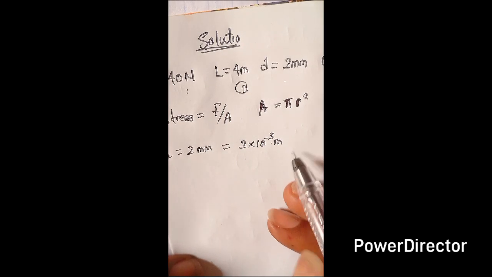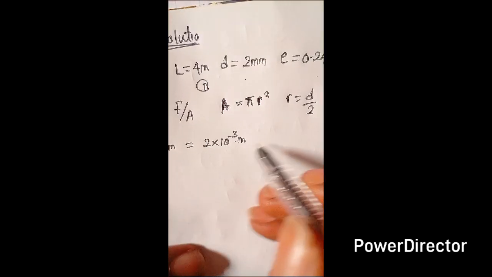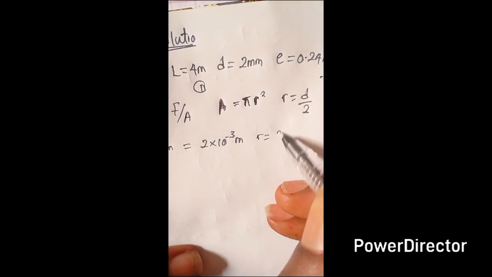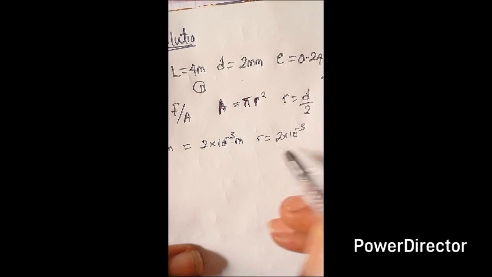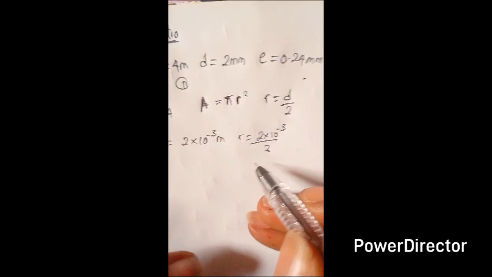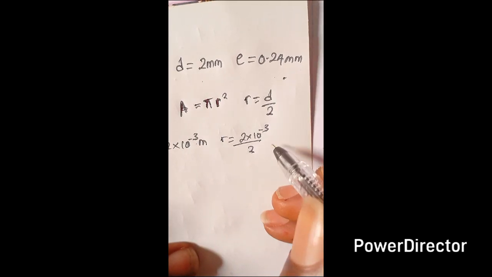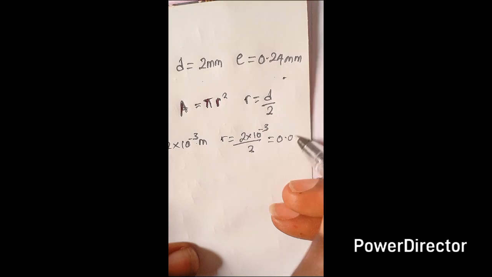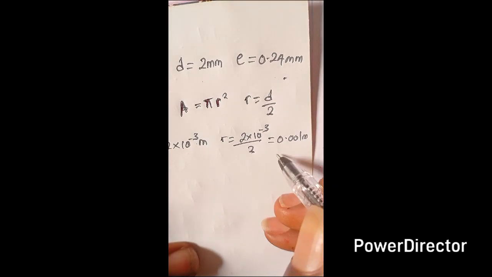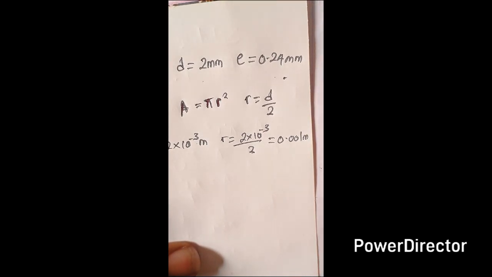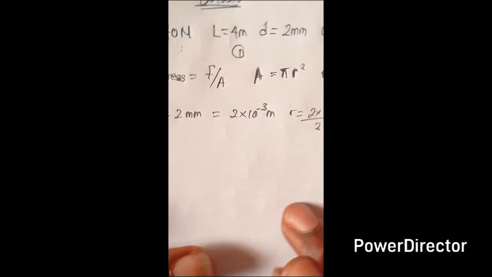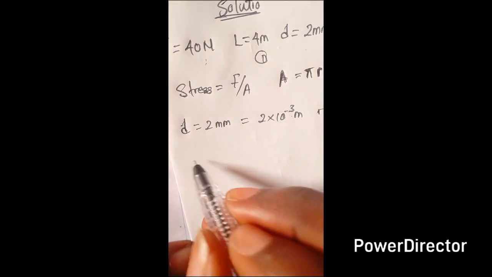So now we can say our radius is going to be 2 times 10 raised to power minus 3 over 2. And in that case, we are going to have 0.001 meters, and that's the same thing as 1 times 10 raised to power minus 3 meters. So we can now go back to the entire formula.